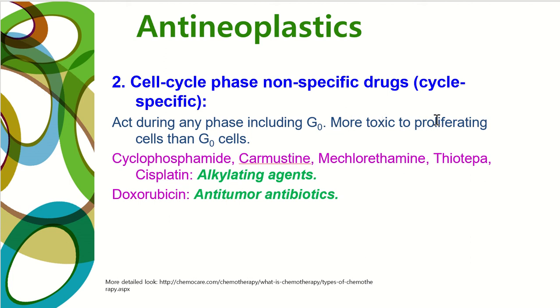So more toxic to proliferating cells than resting cells. All right, so these are some examples of these types of drugs, and there are alkylating agents. So we'll be talking about cisplatin, and you have your anti-tumor antibiotics in doxorubicin.